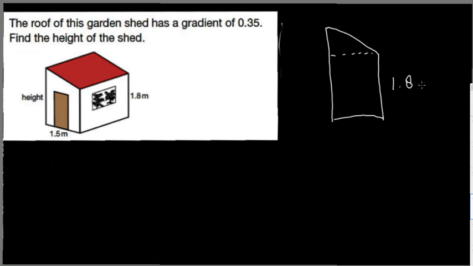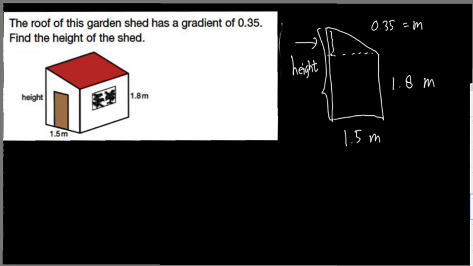The height is 1.8 meters, and this is the base 1.5 meters. And the gradient of the roof is 0.35. We want to find this height of the shed. We want to find this first because we don't know the height from this.